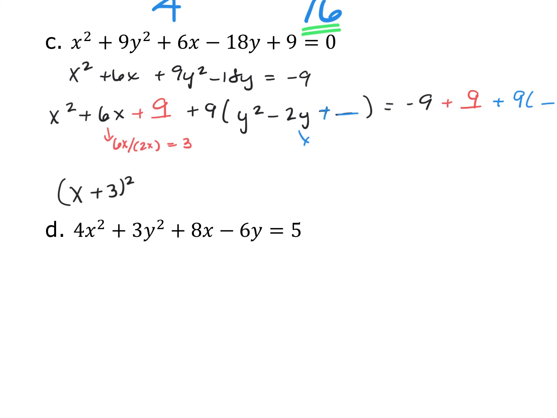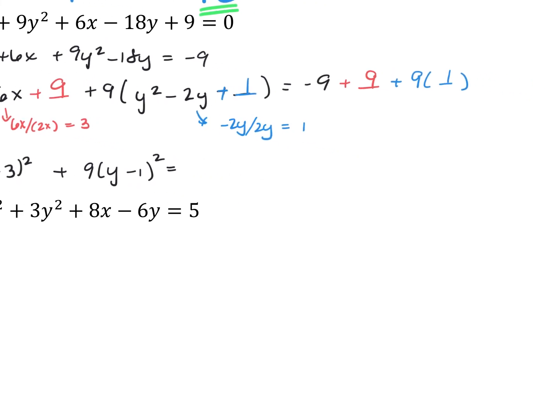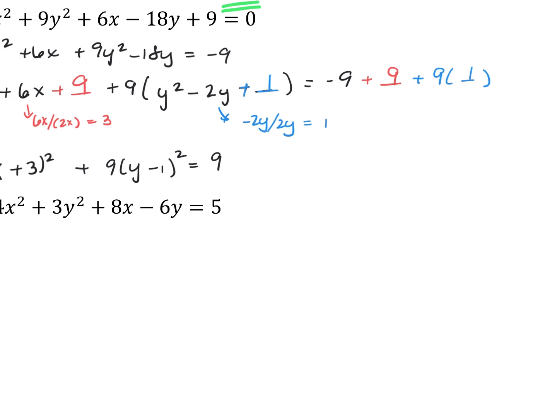I'm going to take this negative 2y, divide by 2y, and I get 1. That means this becomes 9 times y minus 1, the quantity squared, is equal to. So I'm going to add 1 here. So that means I'm going to put 1 in that blank spot. When I get done taking negative 9 plus another 9, I end up with 9.